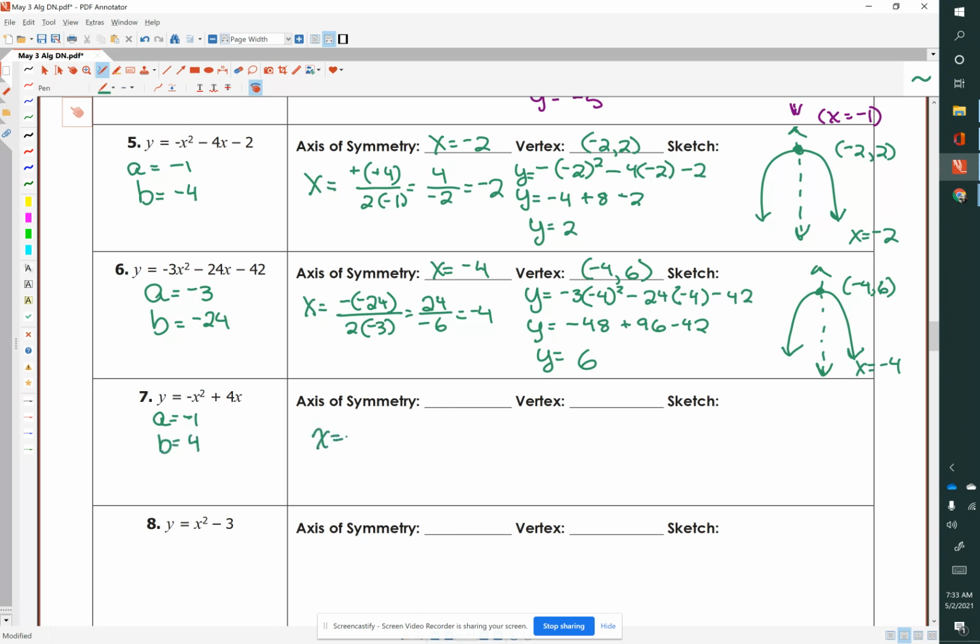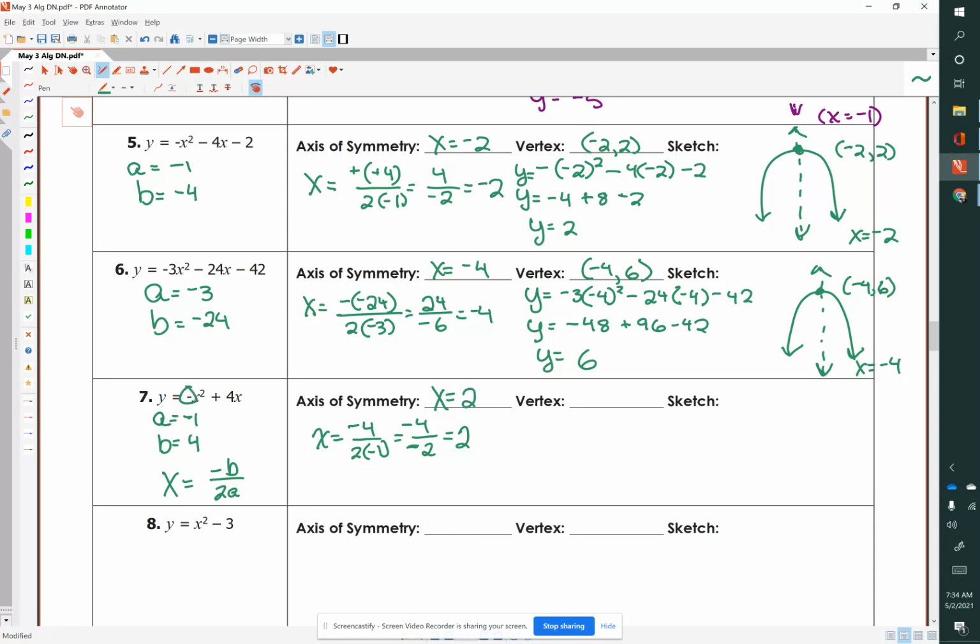So x equals negative 4 divided by 2 times -1. I forgot my negative sign. Remember, it's x equals -b over 2 times a. So -4 divided by -2 is a +2. So my axis of symmetry, x equals 2.